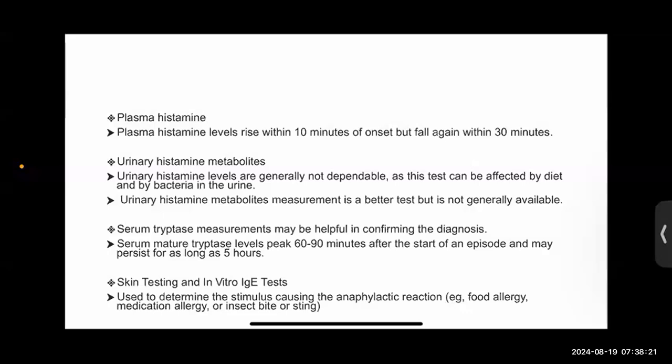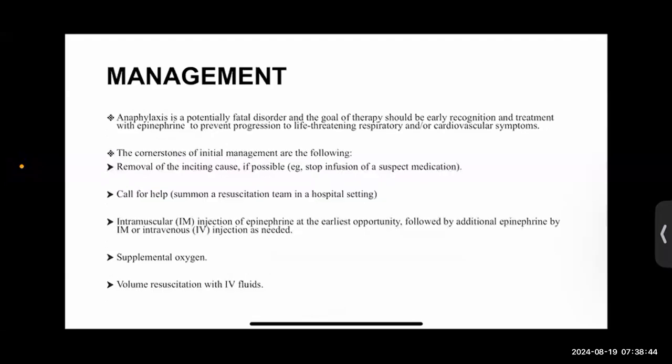So you can check for plasma histamine. It rises within 10 minutes and falls within 30 minutes. You can also look out for the metabolites of histamine in the urine, but it's noted that it's not dependable, as it can be affected by diet. Serum tryptase measurements can also be done, and skin testing can be done to help determine what caused an anaphylactic reaction when you're not sure.